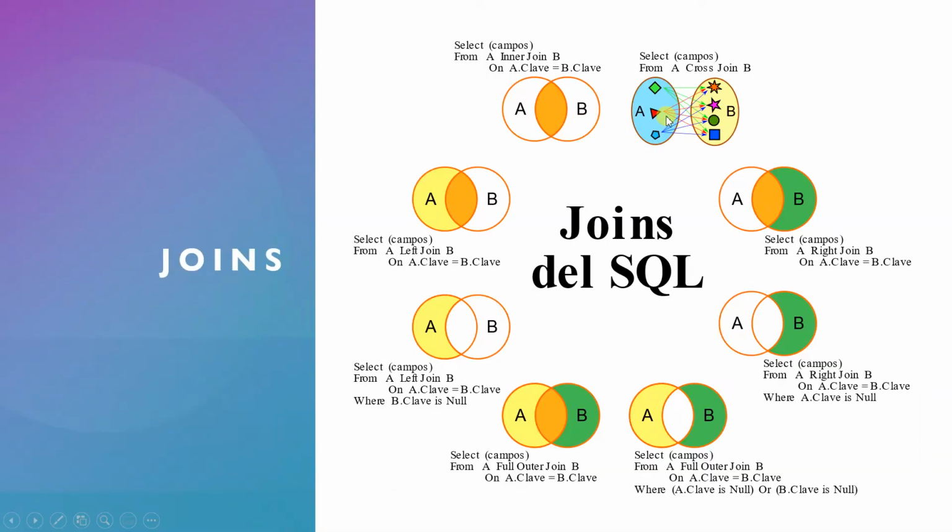Here there are two tables, A and B. Suppose A is the left table and B is the right table. So they have written select star from A cross join B. And here you will say select star from A inner join B.